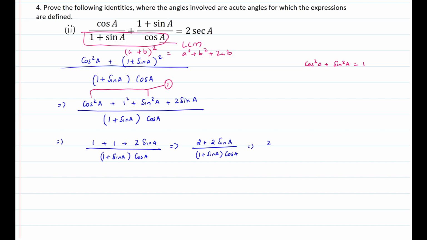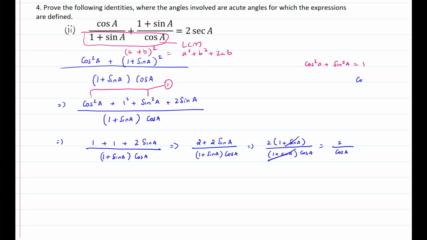You take 2 common, then we'll have 2 times 1 plus sin a divided by 1 plus sin a into cos a. 1 plus sin a and 1 plus sin a will get cancelled. What will remain is 2 divided by cos a.